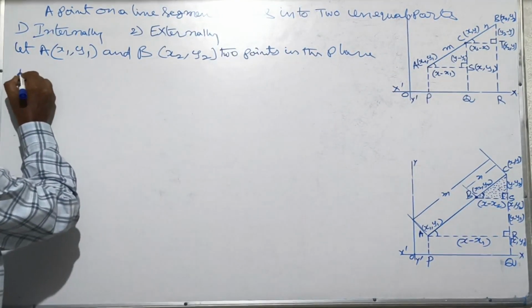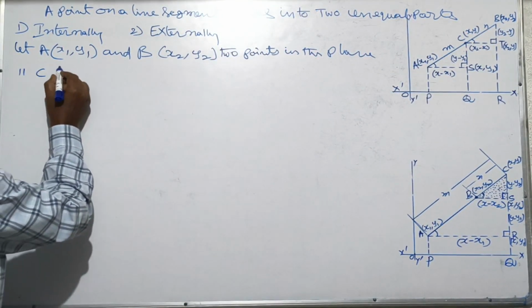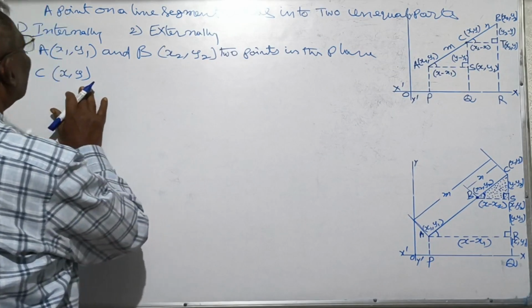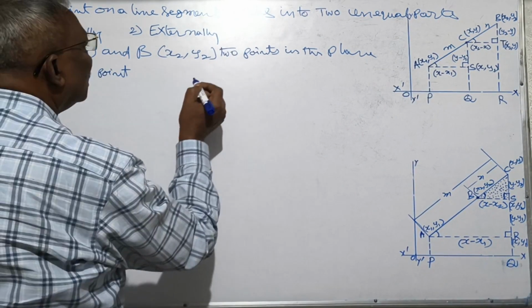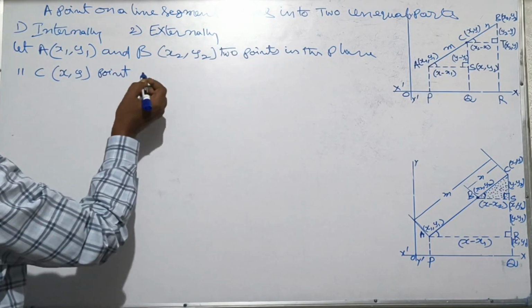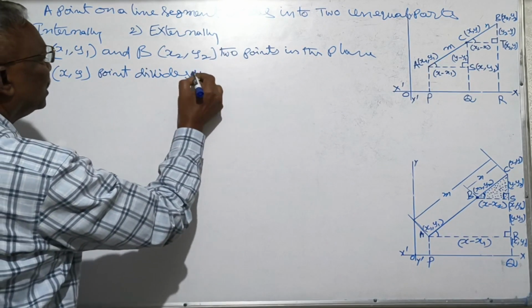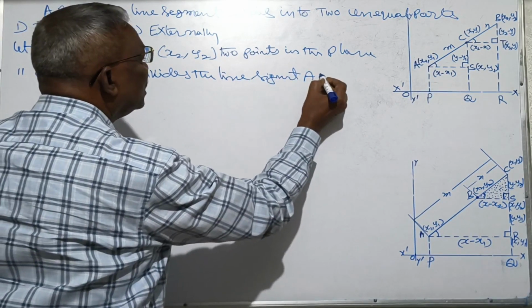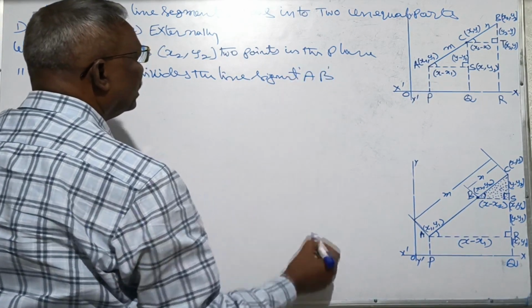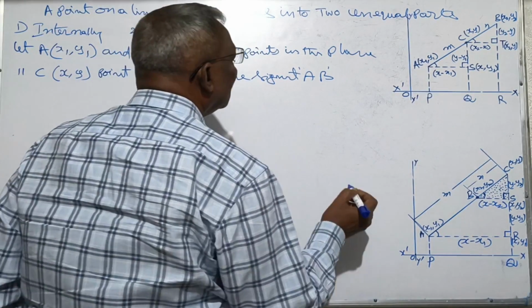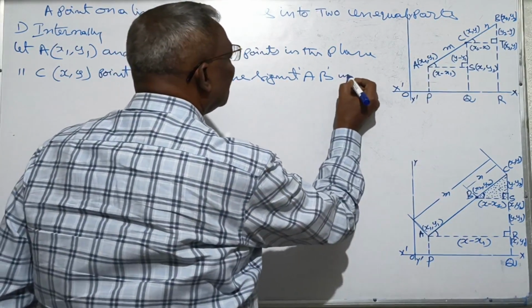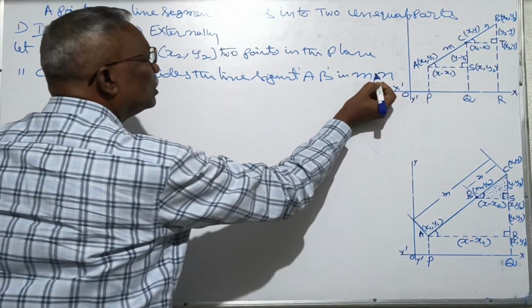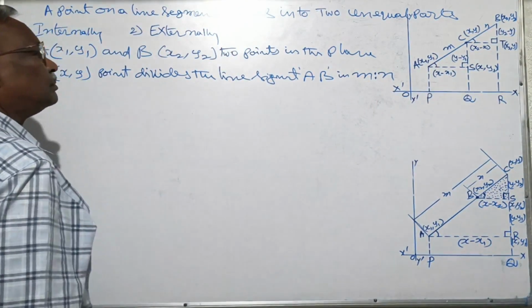Next, let the point C(x, y) divide the line segment AB in the ratio m is to n.